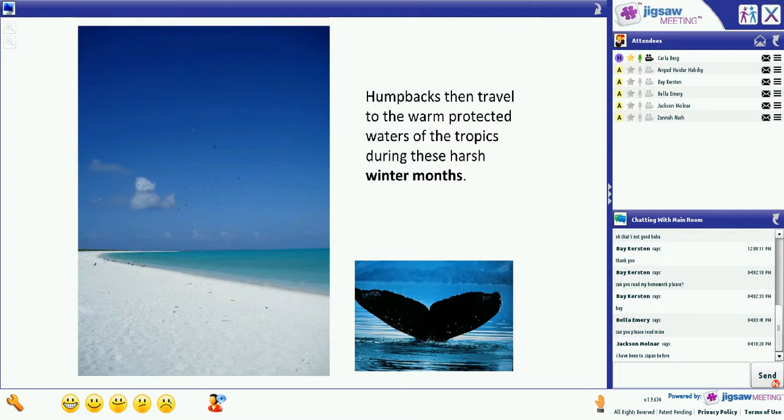Humpbacks then travel to the warm, protected waters of the tropics during these harsh winter months. And there you can see the white sandy beaches of Hawaii.